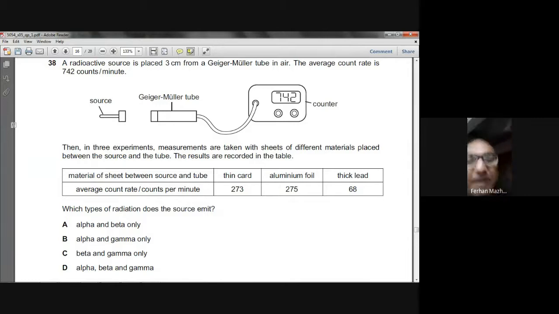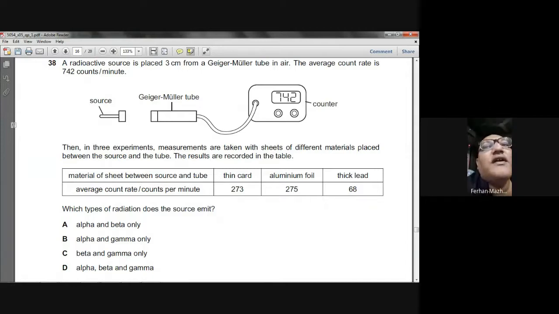Okay. Beta and gamma are not stopped by the paper. So if beta and gamma are given out and you place a paper between the source and the GM tube, nothing will happen. The beta particles and the gamma rays are not stopped by the paper.